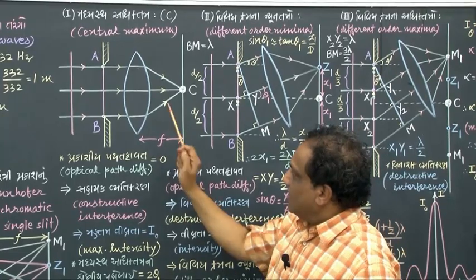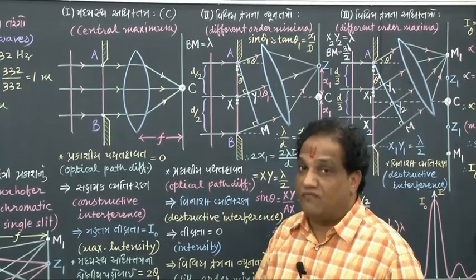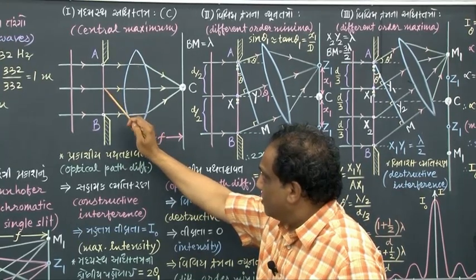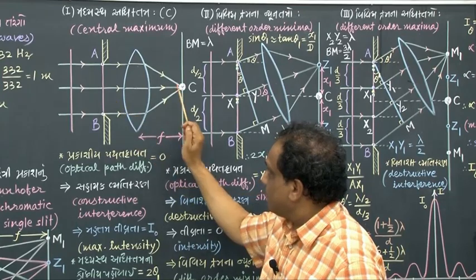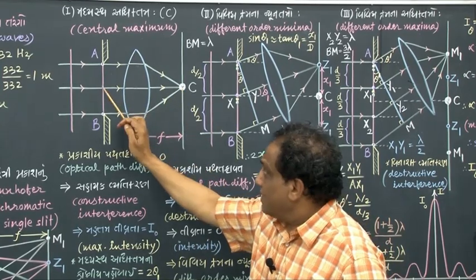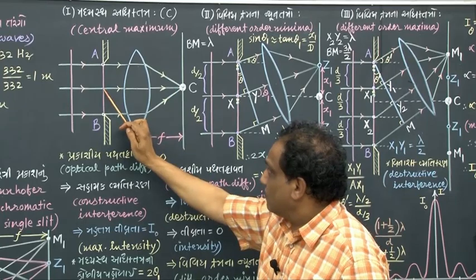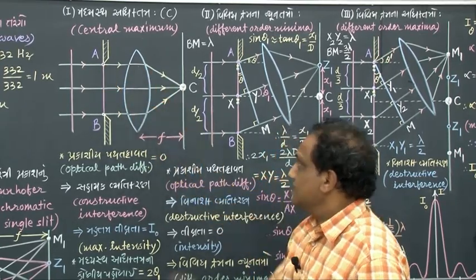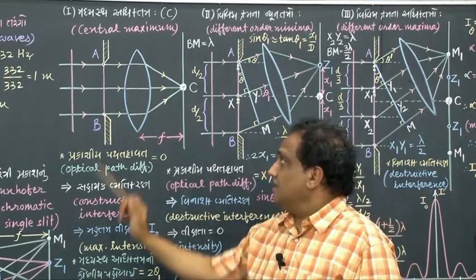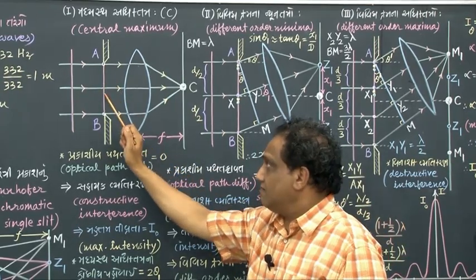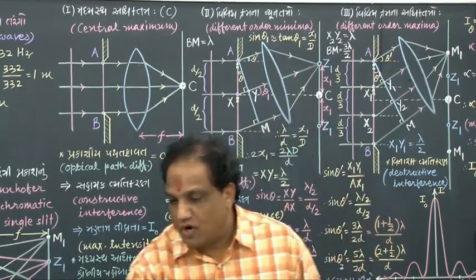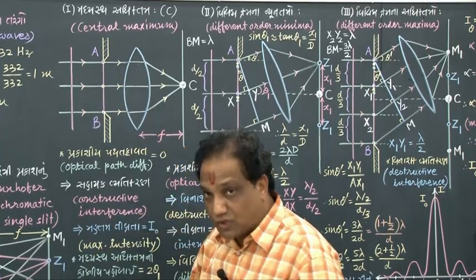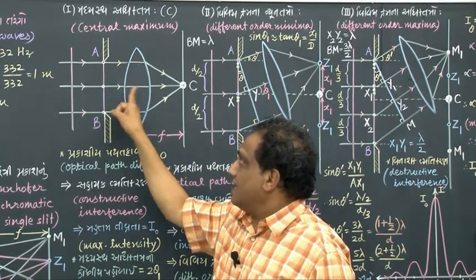Now if you notice carefully, you will find that this path length from here to here is the shortest path, and compared to this shortest path, this path is the longest path, correct? After coming to this boundary, each and every point on this wavefront will behave like a self-independent secondary source and emit secondary light rays.